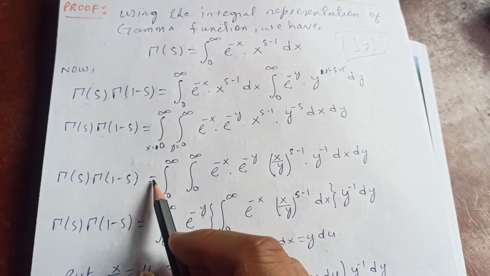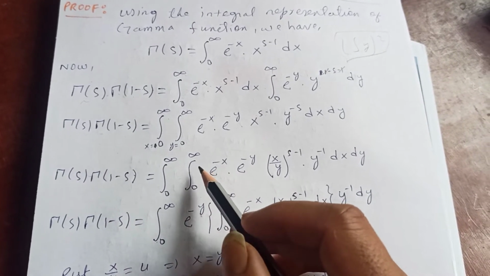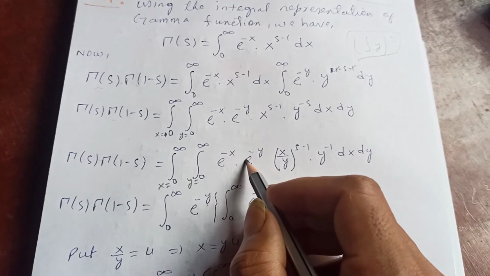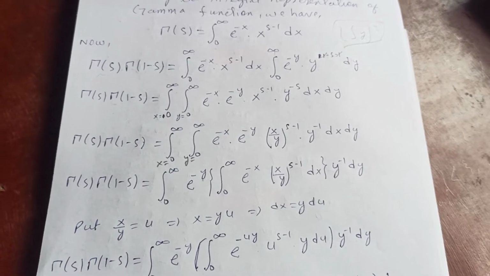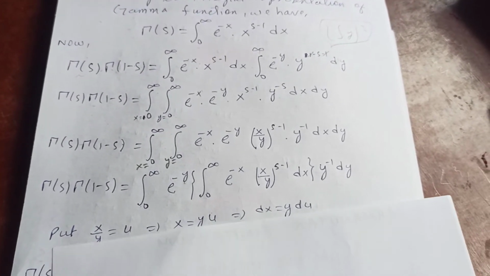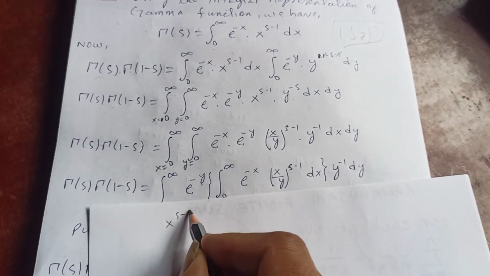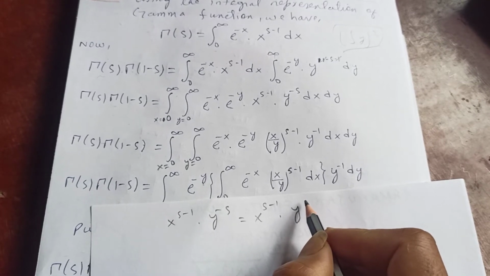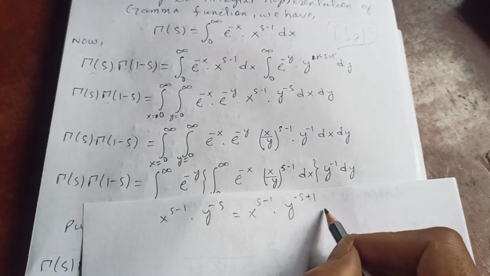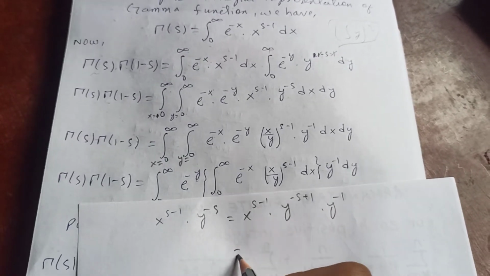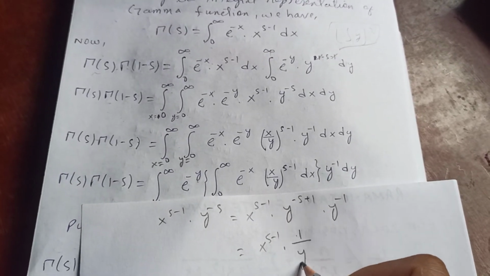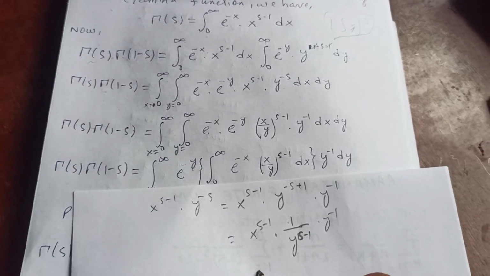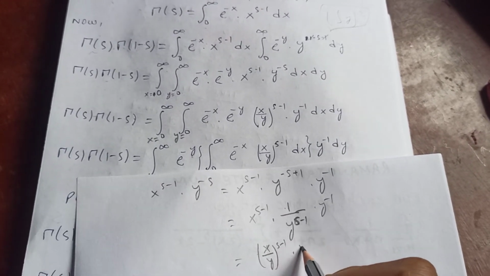Now gamma s times gamma 1 minus s is equal to the integral from 0 to infinity, this is for x, and the integral from 0 to infinity, this is for y, of e to the negative x, e to the negative y, and then we can rewrite this. Here x to the s minus 1 times y to the negative s is x to the s minus 1 times y to the s minus 1 times y inverse, which is x by y to the s minus 1 times y inverse.